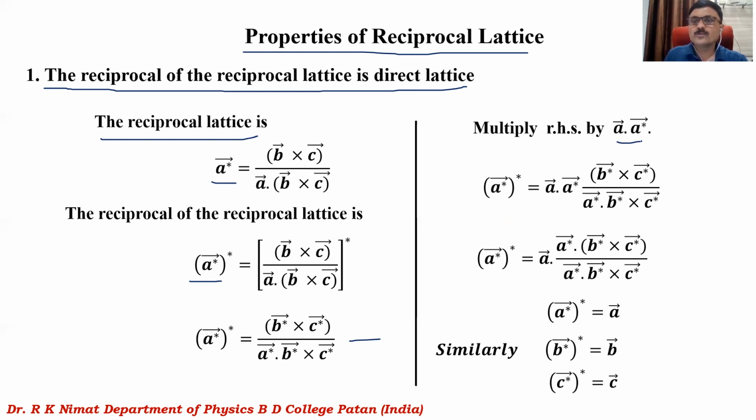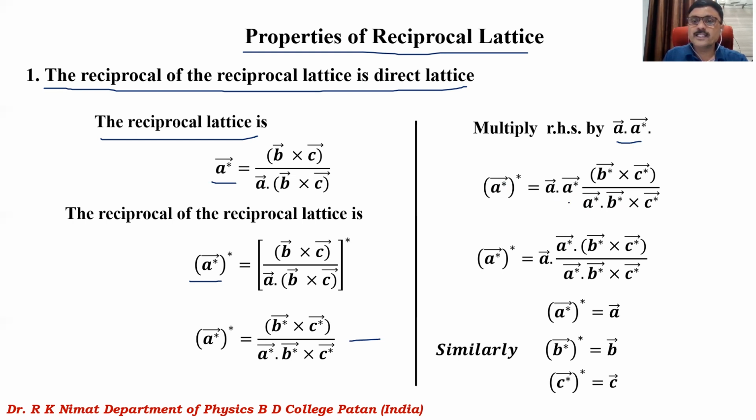for orthogonal coordinate system or rectangular coordinate system, and therefore we can write this as reciprocal of reciprocal lattice vector is equal to vector A dot vector A star multiplied by vector B star cross vector C star by vector A star dot vector B star cross vector C star.